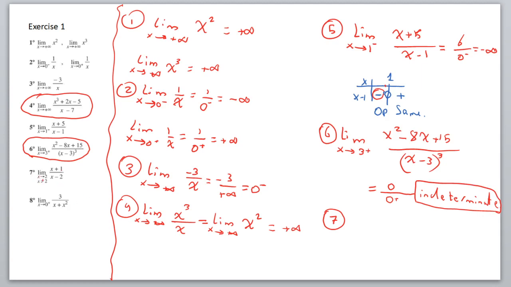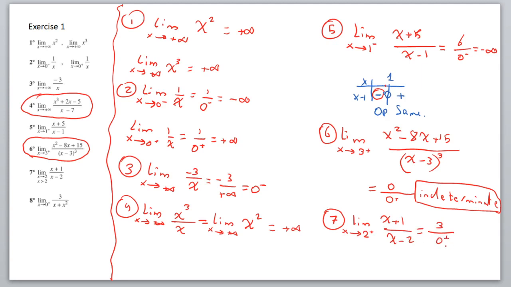Number 7. Limit as x tends to 2 of x plus 1 over x minus 2. So what will it be? It will be limit as x tends to 2 and x greater than 2, as x tends to 2 plus, of x plus 1 over x minus 2. So it equals 2 plus 1, 3, over 2 plus minus 2, which is 0 plus.